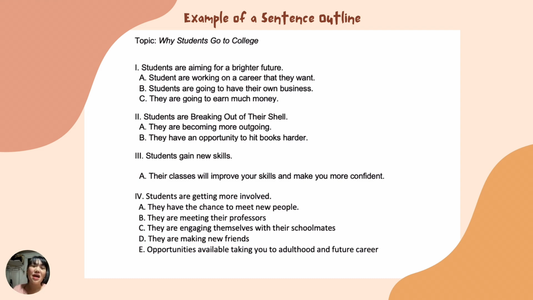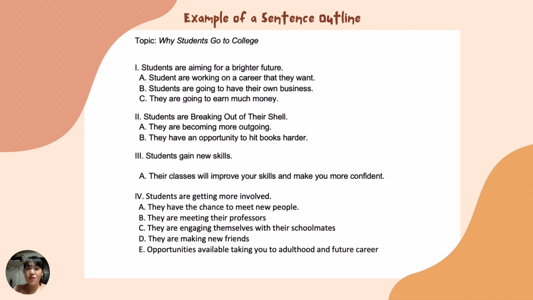So the main ideas, Roman numeral 1, 2, 3, 4: students are aiming for a brighter future, students are breaking out of their shell, students gain new skills, students are getting more involved. And then you have the subheadings written in complete sentences too, the capital letters A, B, C, A, B, and then we have students are working on a career that they want.